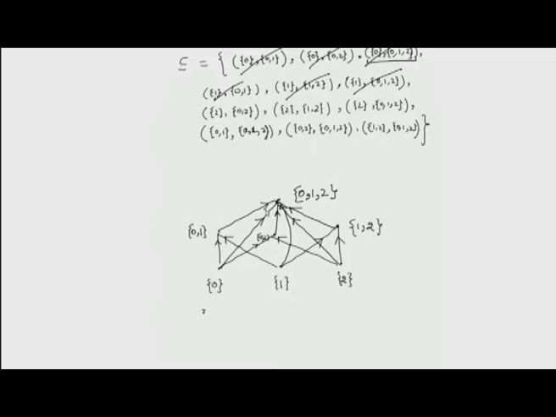Then 2 to 0 2 we have done this, 2 to 1 2 we have done this, and then 2 to 0 1 2 we have also done this. Now, 0 1 is related to 0 1 2, 0 2 is related to 0 1 2, and 1 2 is related to 0 1 2. Thus, we have completed scanning the whole list and drawing the corresponding directed edges.